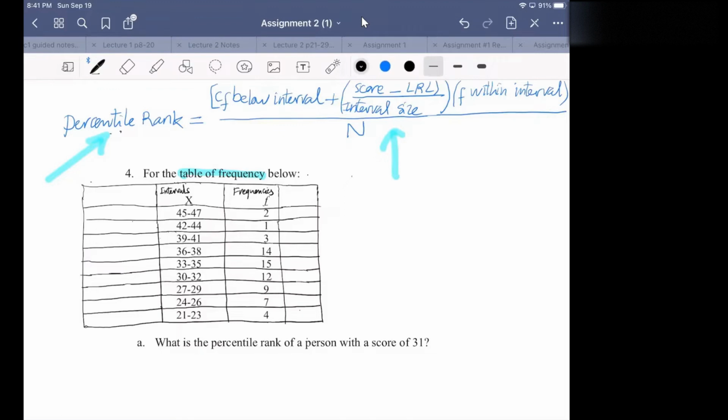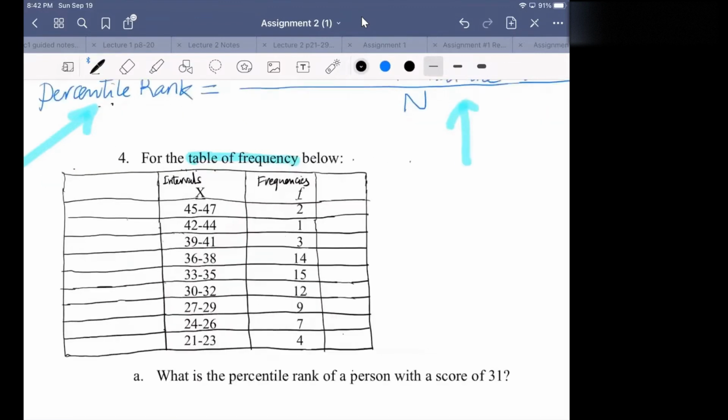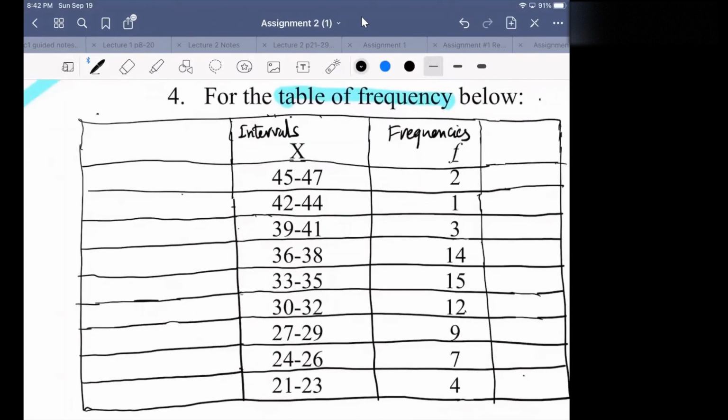In order for you to find those items, first, you want to find the limits of these intervals. You need to find the lower real limit and the upper real limit of each interval.